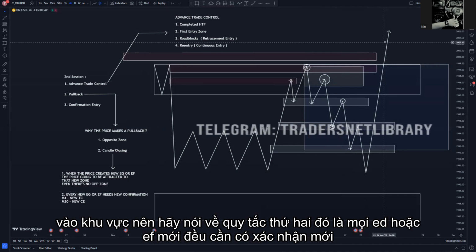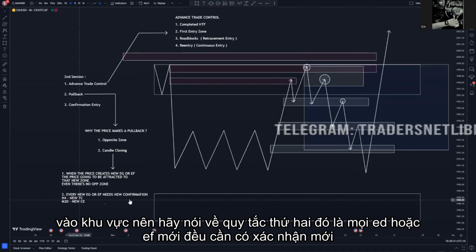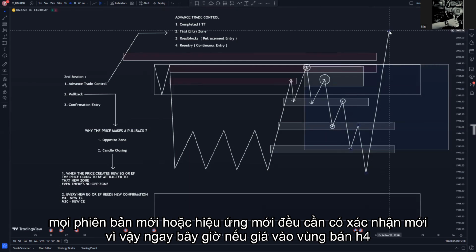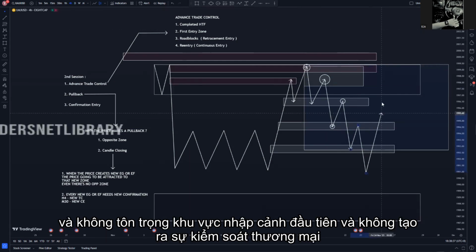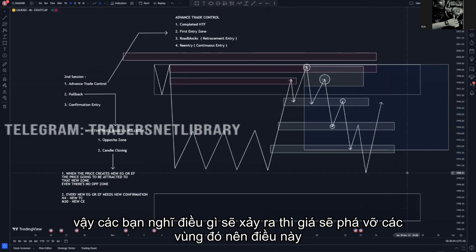So talk about the second rule, which is every new EG or new EF needs new confirmation. So right now, if the price gets into the H4 sell zone, and there is no respecting of the first entry zone, and there is no creating the trade control, what do you guys think will happen?